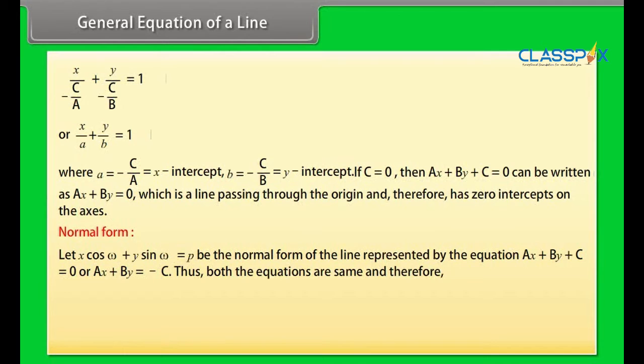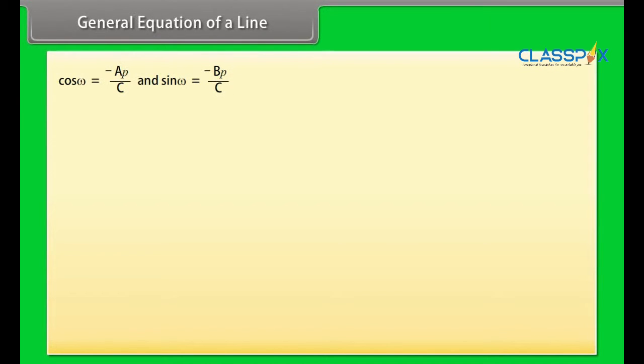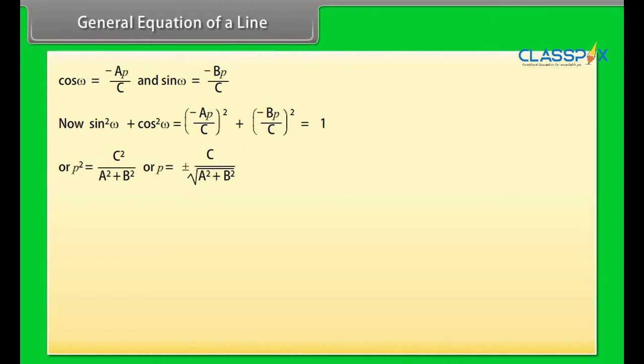Thus both the equations are the same, and therefore a/cos omega = b/sin omega = -c/p, which gives cos omega = -ap/c and sin omega = -bp/c. Now sin² omega + cos² omega = (-ap/c)² + (-bp/c)² = 1, or p² = c²/(a² + b²), or p = ± c/√(a² + b²).